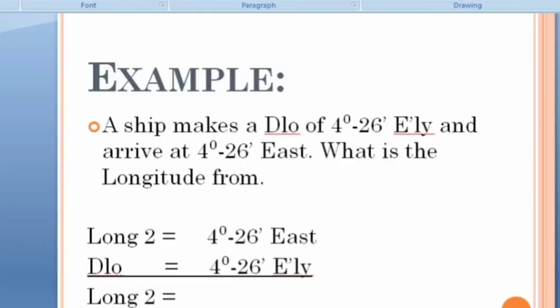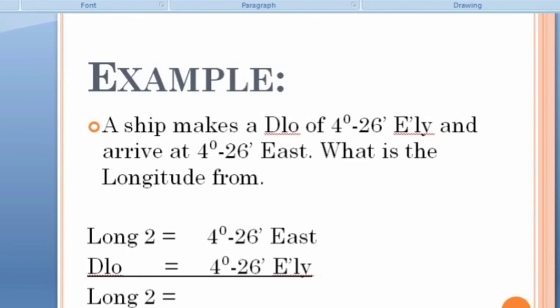So next example. Now, in these following examples, we are going to figure out the longitude which we came from and not the longitude of arrival. So it will be the opposite. So a ship makes a difference of longitude of 4 degrees 26 minutes easterly and arrives at 4 degrees 26 minutes east.